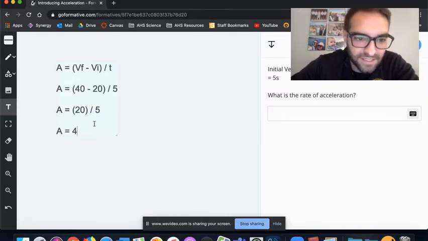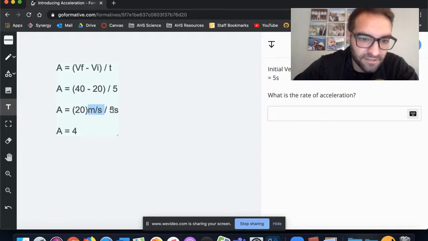Now, it's important to remember this would be 20 meters per second divided by seconds. Okay, because again, these are our velocity and this is our time. So the units for acceleration in this scenario would be meters per second per second.